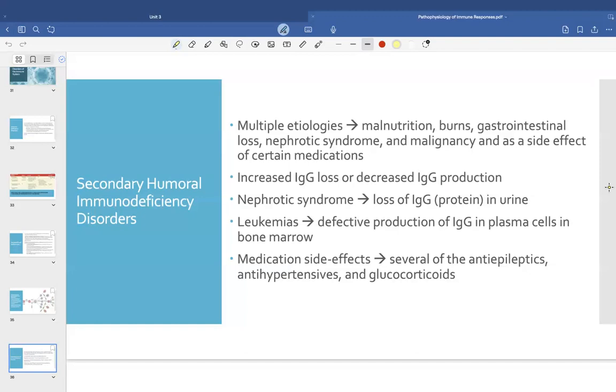There's always GI loss, even in protein losing enteropathies. Nephrotic syndrome, you're losing protein, so you're not just losing albumin, but you're going to be losing immunoglobulins and a lot of those other circulating proteins and smaller molecules. Those glomeruli are just like sieves.